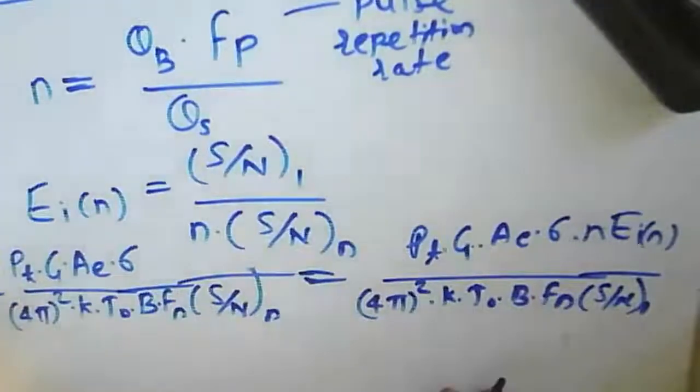Okay, now this one is the modified equation of the radar here. This S by N we consider for n equal to 1.